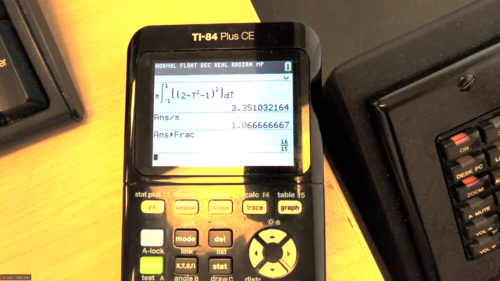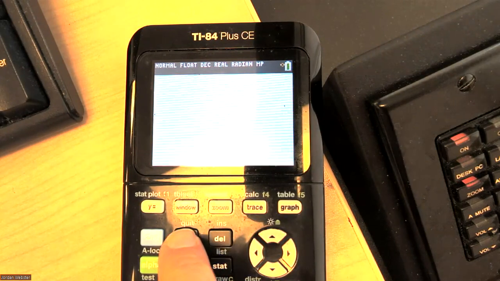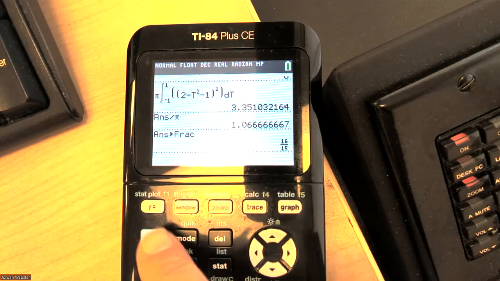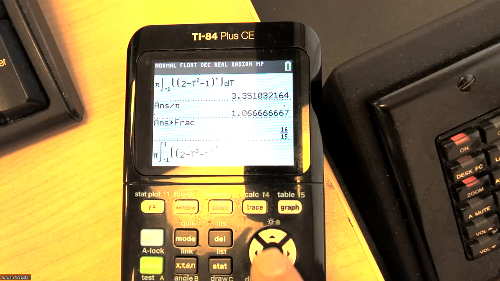But I typed it in as 2 minus t squared minus 1 in parentheses all squared. Again, I used the t because that was my variable key. I just tend to use the variable key each time, but if I'm a stickler about using x, I could have used x.